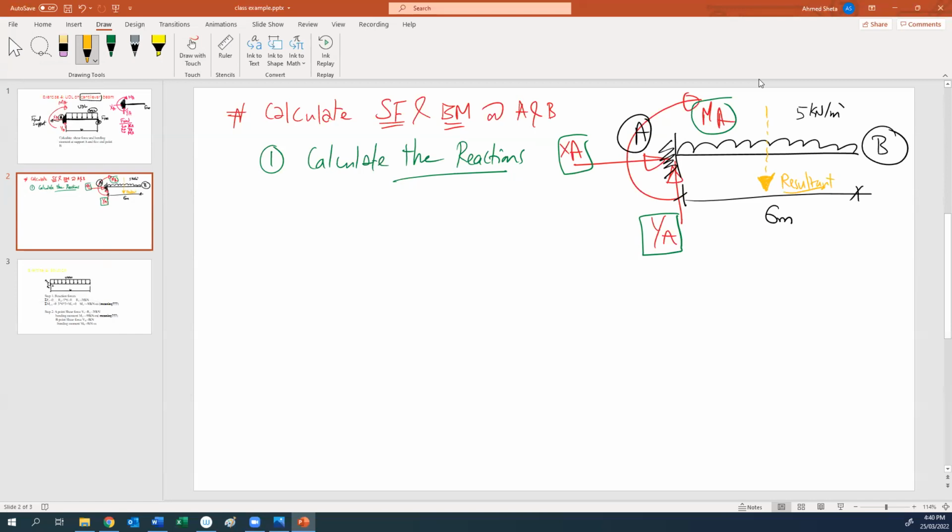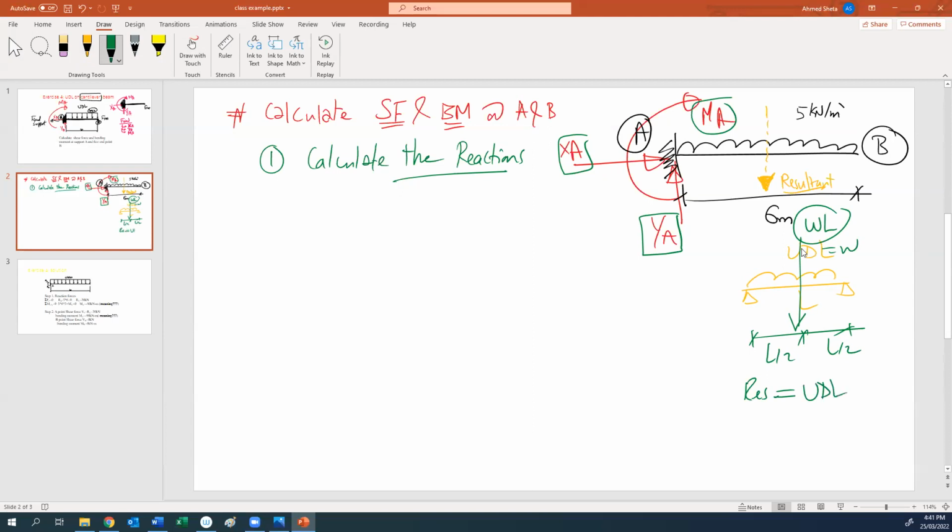If you have a UDL over a distance L, how can we concentrate this load? First, it will be concentrated in the middle, so L by 2, L by 2. And the resultant, if the UDL is W, is WL. So the resultant of a UDL is the UDL value multiplied by the length of the load.